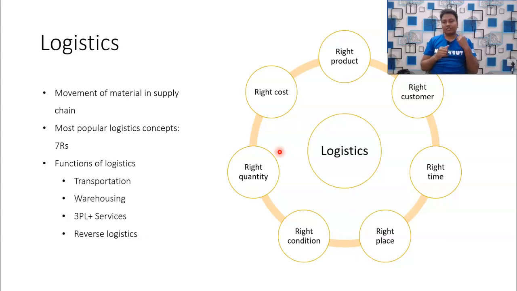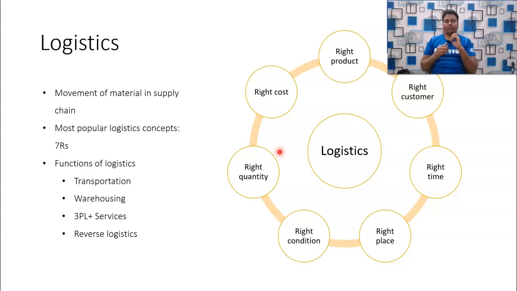And logistics has one very popular concept of 7R, which you can see on the right side: right product, right customer, right time, right place, right condition, right quantity, and right cost. So these are the 7 pillars of logistics. Okay.